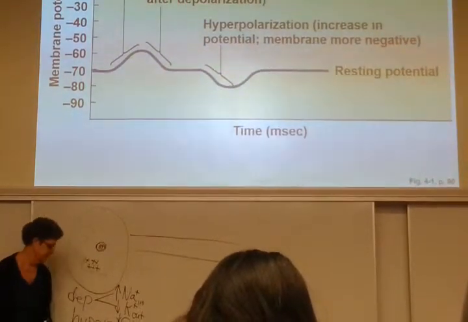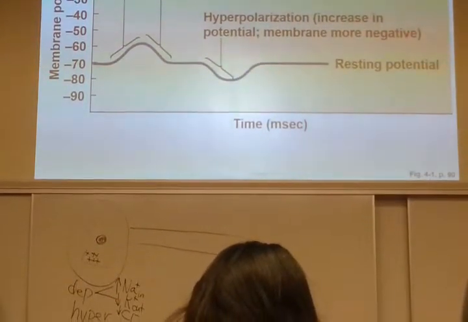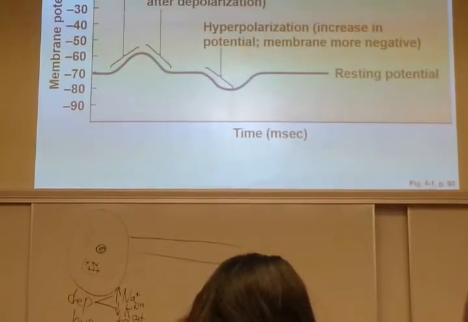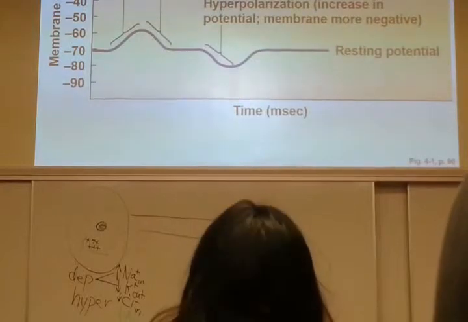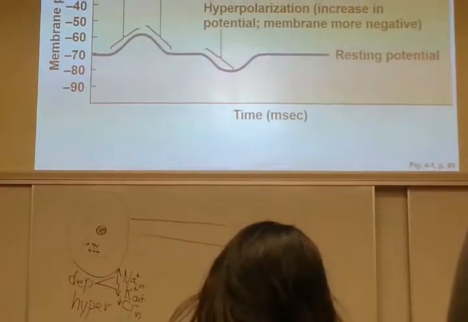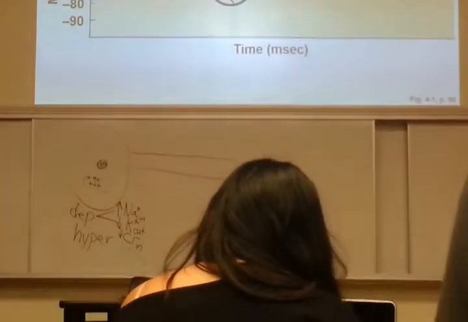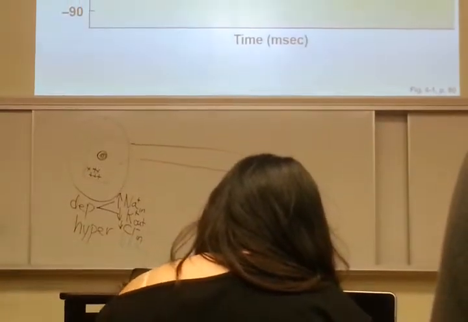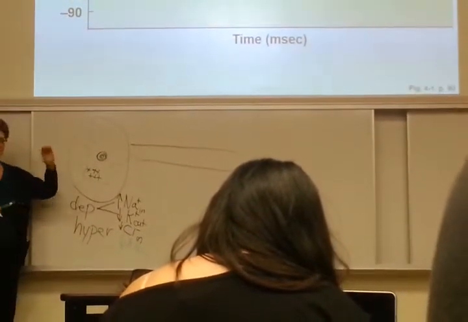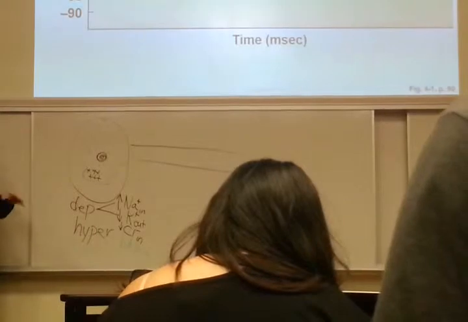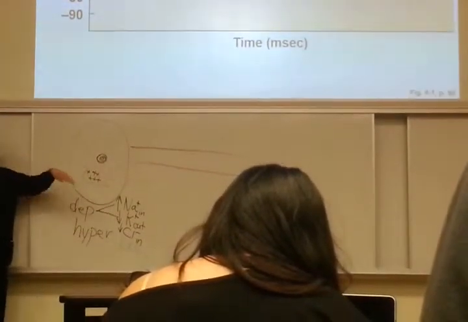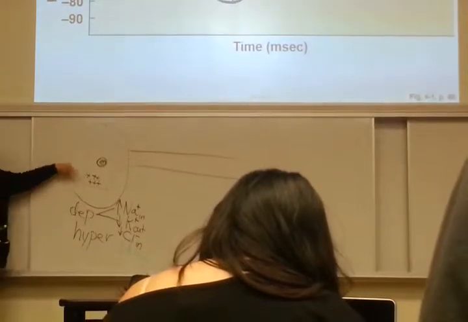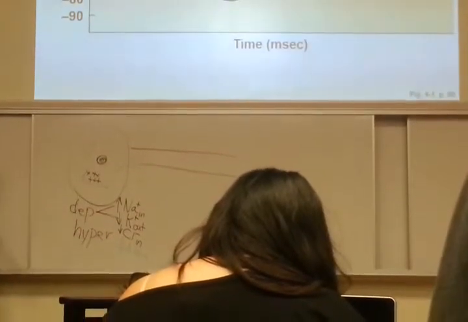So sodium, how do you hyperpolarize it? You decrease its entry, but what's still going on? The pump, pumping it out. 3 sodiums go out. You're bringing potassium in, but there's only 2 potassiums coming in. So overall, you're pumping more positive out than is coming in, and that leaves a negative charge inside.